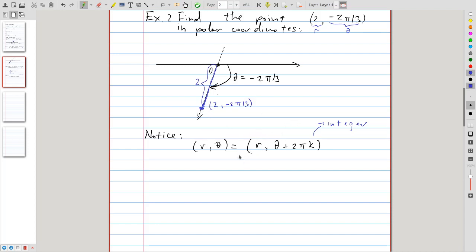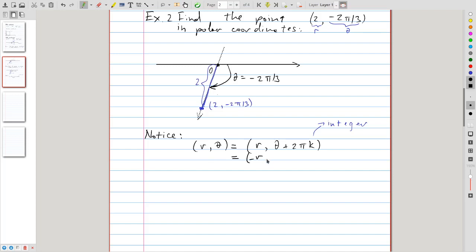Similarly, what you can do with r, you can always make r negative. So here, for example, instead of going 2 in the positive direction, we could have gone 2 in the negative direction over here.